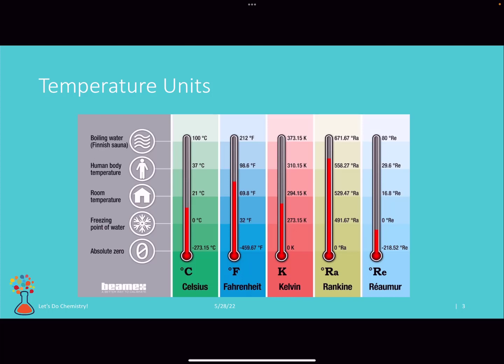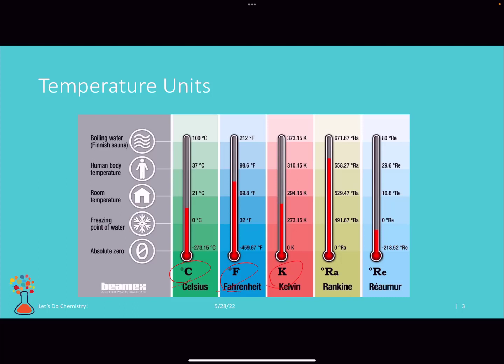And what are the temperature units? For me, I'm actually only familiar with two, because I'm from a country using the SI unit. I'm familiar with Celsius degree and Kelvin because I learned chemistry. And when I came to this country, I was forced to use this F degree, which is Fahrenheit.